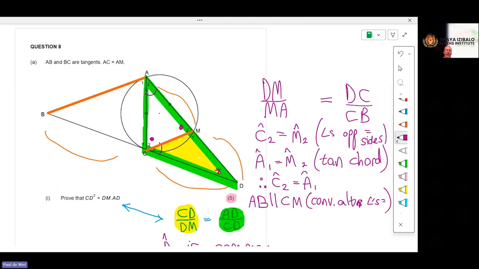If the alternate angles are equal, then the lines are parallel. And then the last thing we need to write down is DM over MA is equal to DC over CB. And why is that? Proportional intercept theorem. But don't forget, I can never use the proportional intercept theorem without talking about AB parallel CM. Well done.